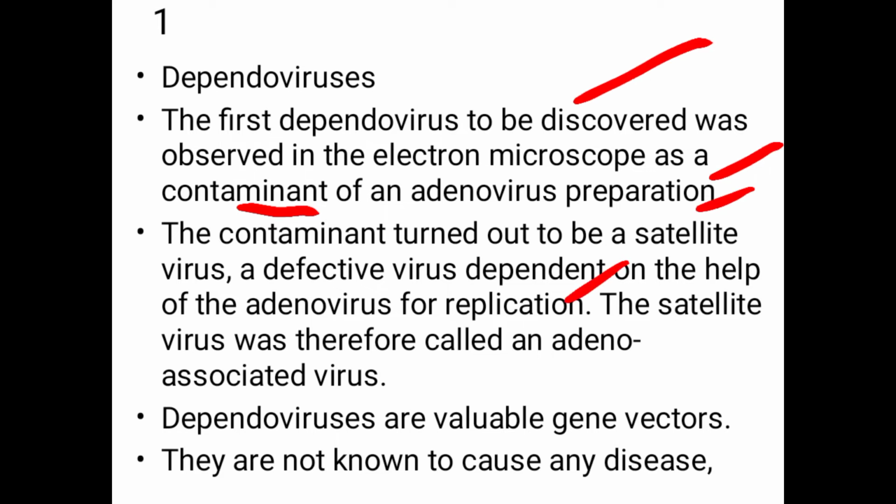It means that satellite viruses need another virus, and this virus is adenovirus. The satellite virus was therefore called adeno-associated virus. They are called adeno-associated viruses because they were found as a contaminant associated with adenovirus.